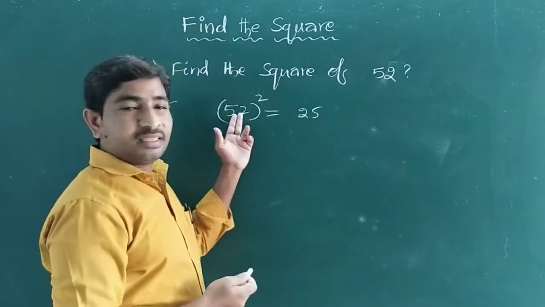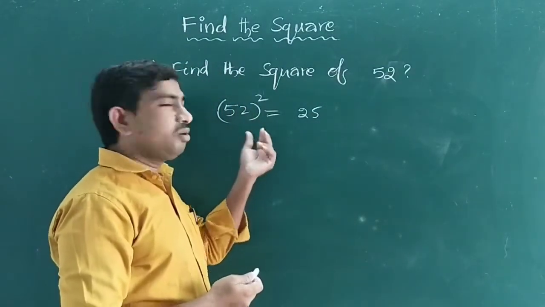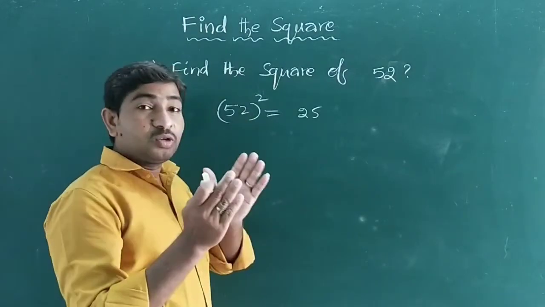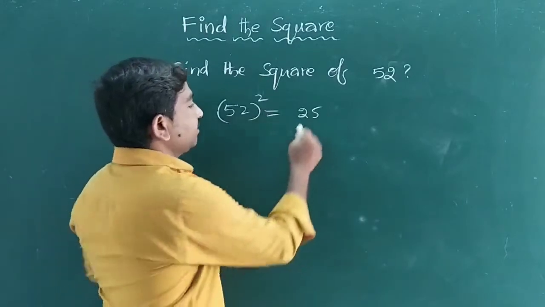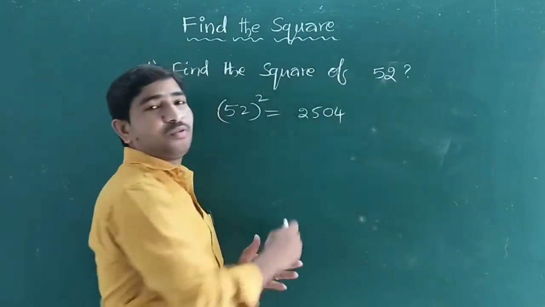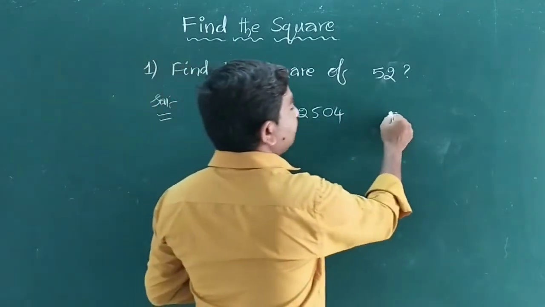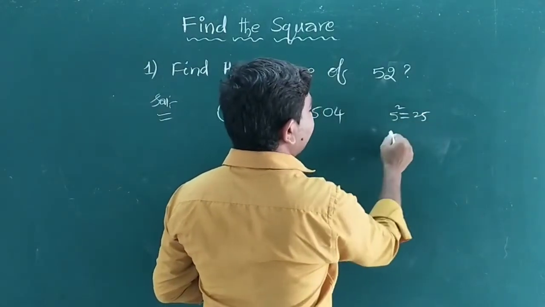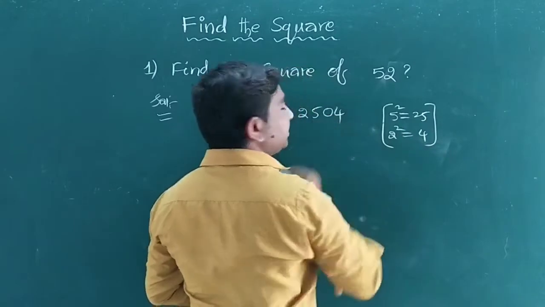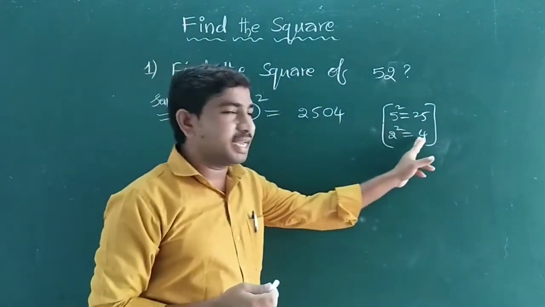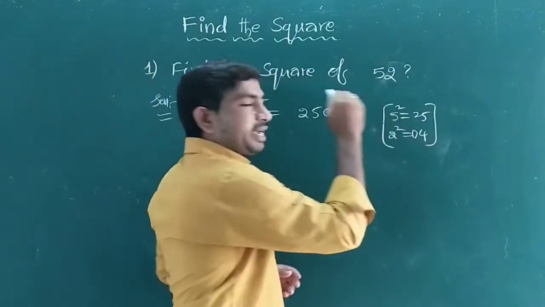Because here we have to get a 2-digit number, so you have to write 04. So 5 square is 25 and 2 square is 4, to get a 2-digit number we write it as 04. Right, very easy.